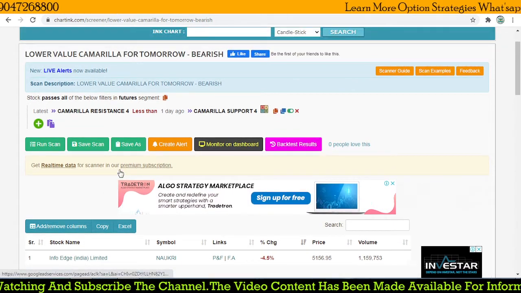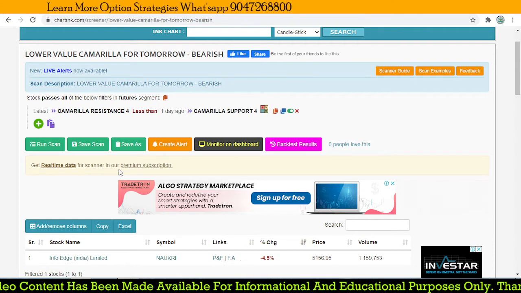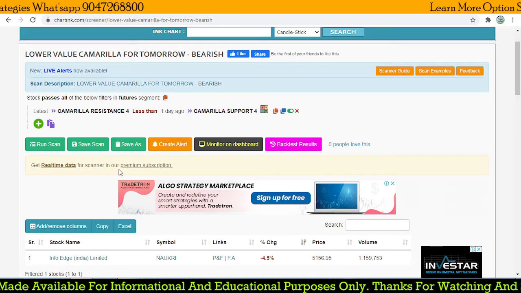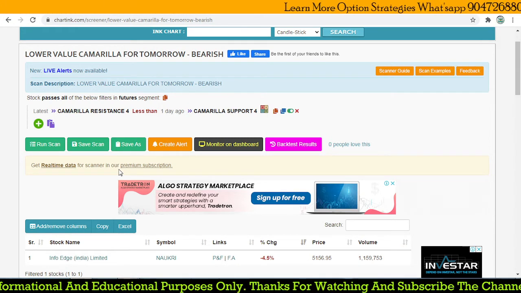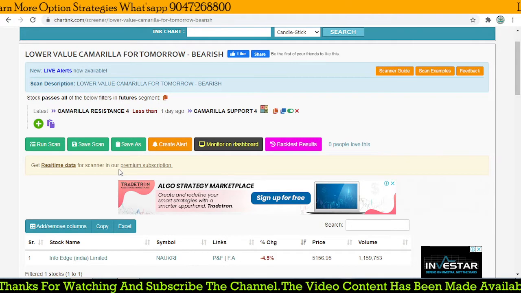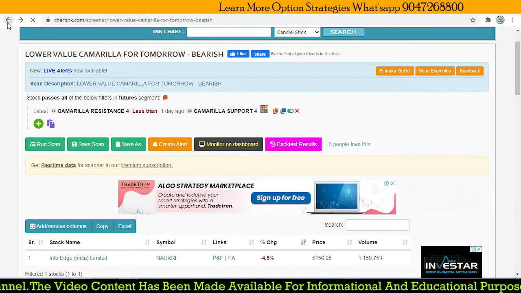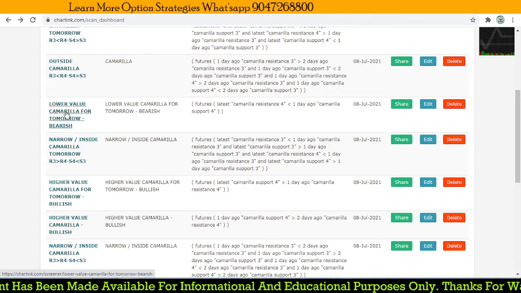We can filter the list of stocks and set it up for our intraday trade. If we keep focus on these stocks, we may get some good intraday trade opportunities.